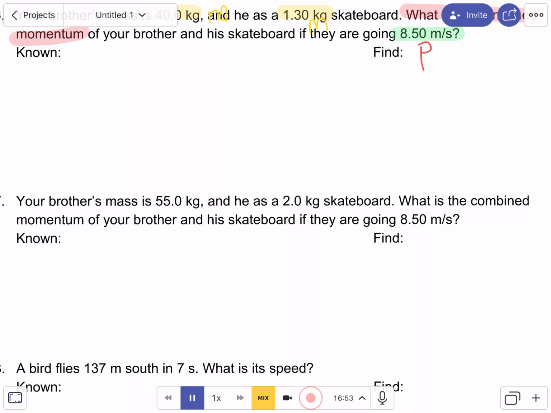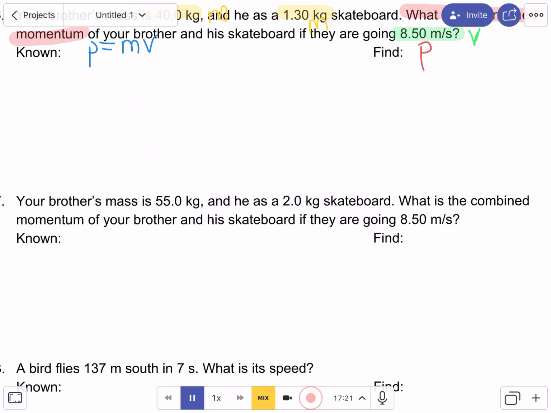And in green, our 8.5 meters per second, if he is going, that's going to be a speed or velocity. So I'll label that here. So again, we have a M, V, and a P, so this is going to use our P equals M, V equation.